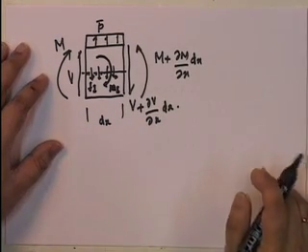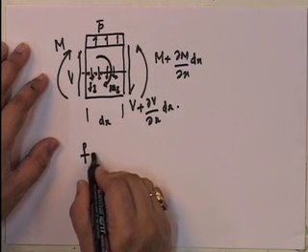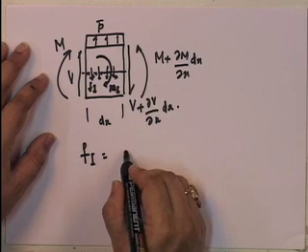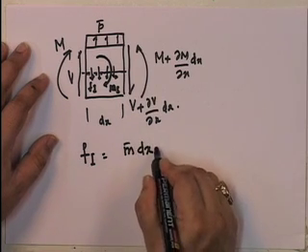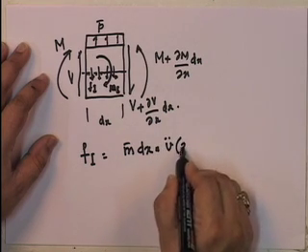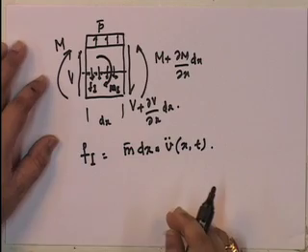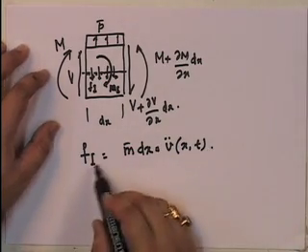Now, what is F I? F I is equal to m bar dx into v double dot x of t. This is what you have as F I.